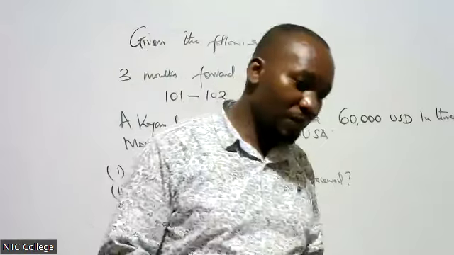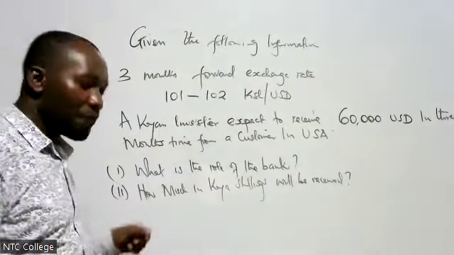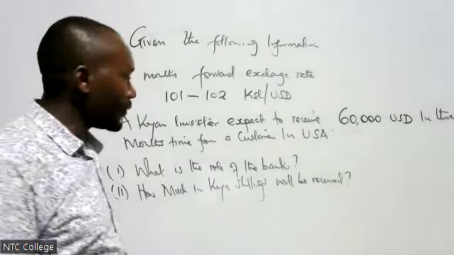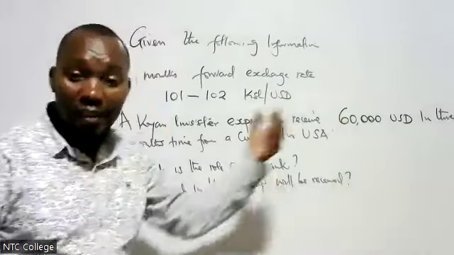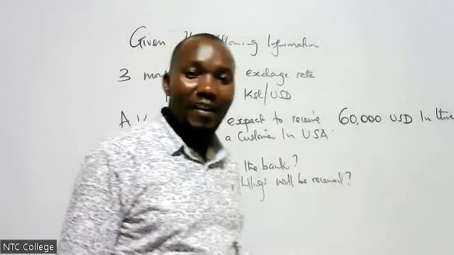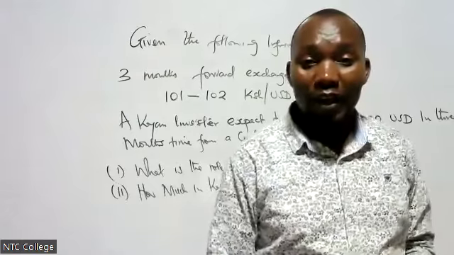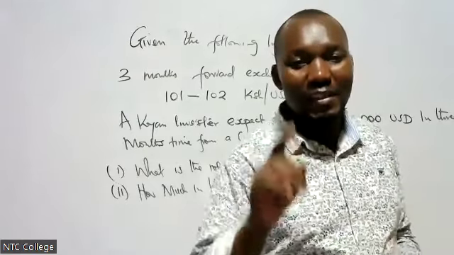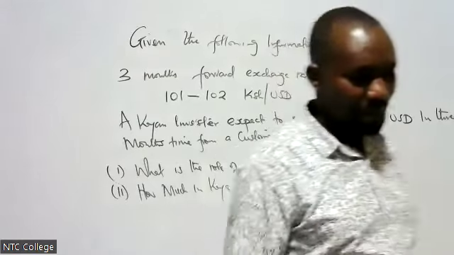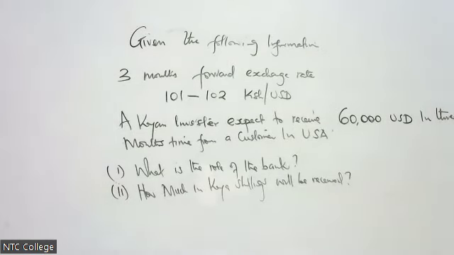Write a note down there and say, for every receipt, the bank buys. While for every payment, the bank sells. For every receipt, the bank buys, but for every payment, the bank sells.